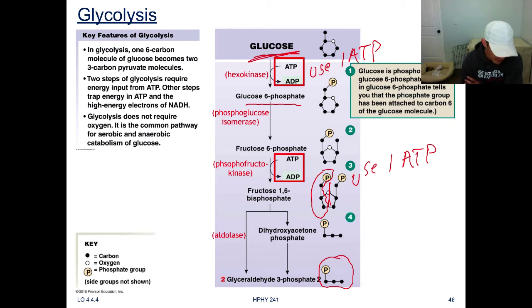Now you notice this step here. We also convert fructose 1,6-bisphosphate into this molecule called dihydroxyacetone phosphate, or DHAP for short. And then DHAP gets converted into a second molecule of glyceraldehyde 3-phosphate.